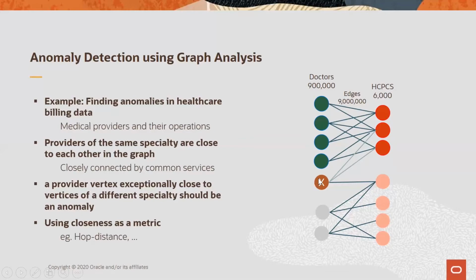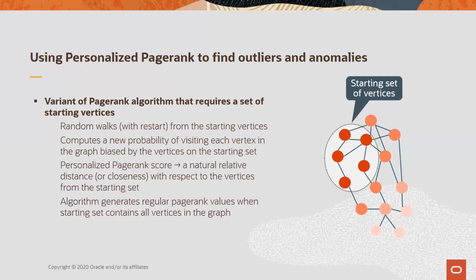Now, if we have a doctor here who's not a cardiologist, but provides mostly services which only cardiologists provide, that will be suspicious. For example, in this case, in order to find out those doctors which are close to the cardiologists, but which are not cardiologists, what we can use is a predefined, well-known, well-documented algorithm called personalized PageRank, which helps us to find outliers.